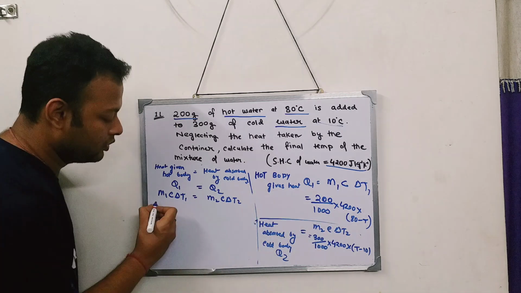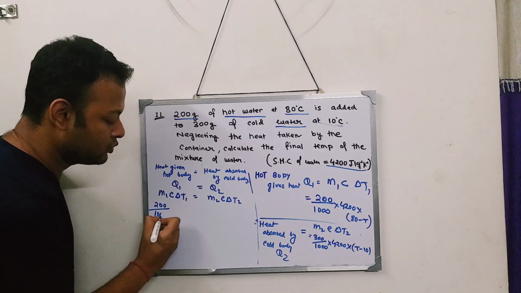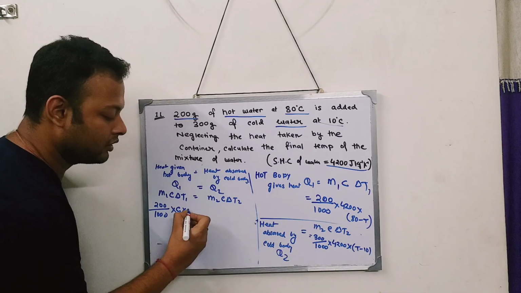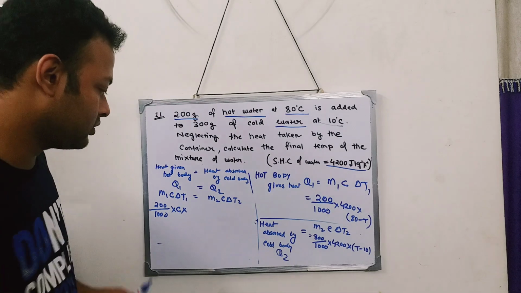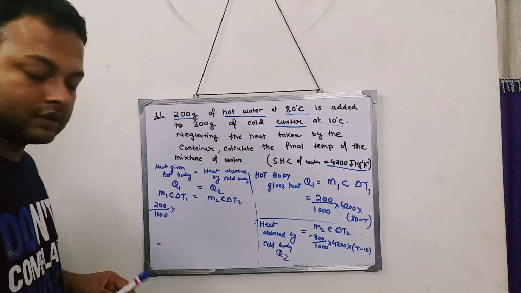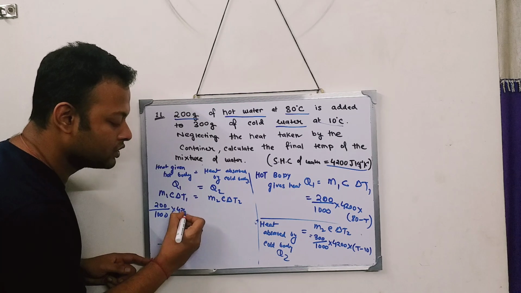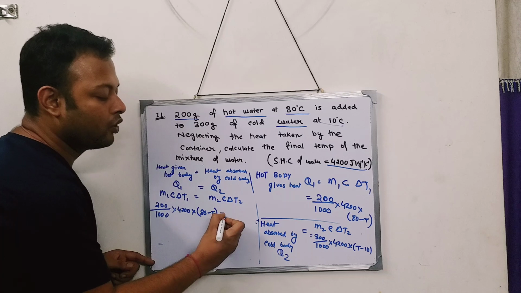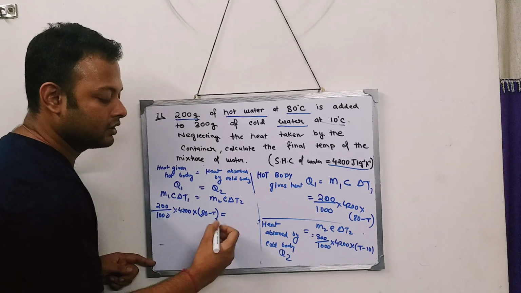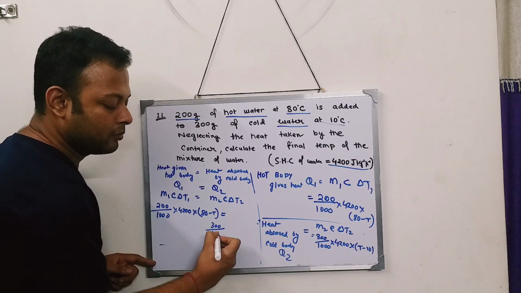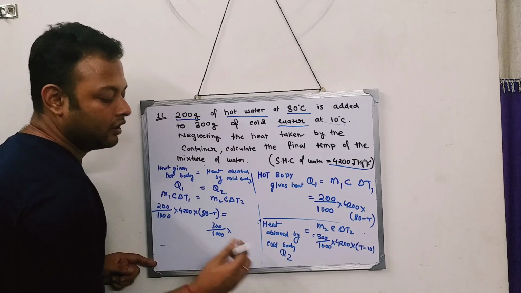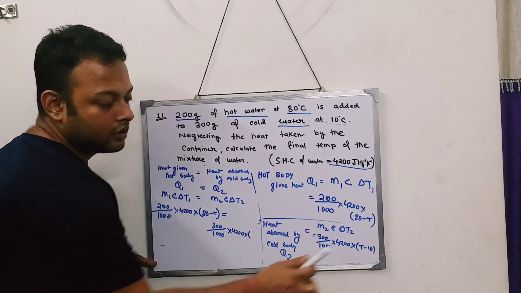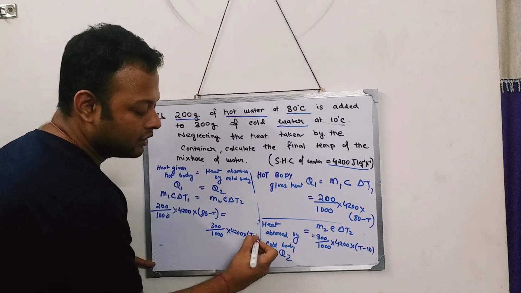Now put the values. It will be 200 by 1000 into C, which is 4200, and delta T is 80 minus T. This value is the same as this: 300 by 1000 into 4200 into T minus 10.